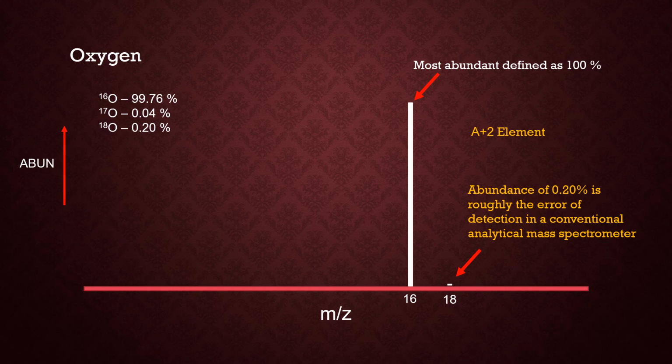Since the principal isotope satellite line is at 18, 2 units away from the most abundant at 16, this is an A+2 element as well. Again, we're going to use that 0.2% as a means to estimate the number of oxygens in a molecule.